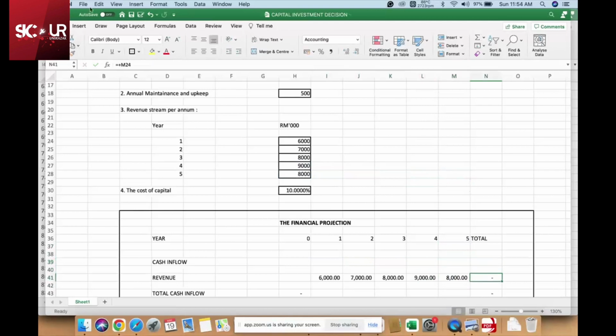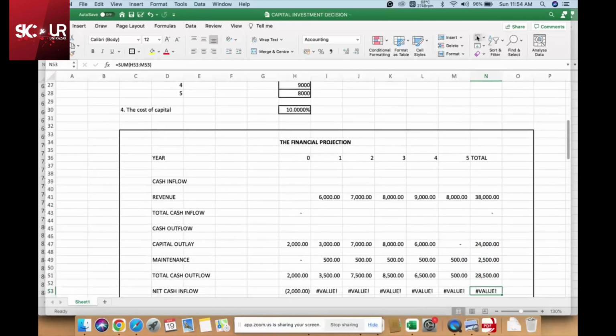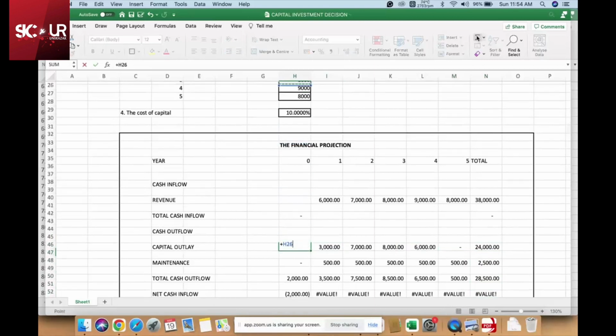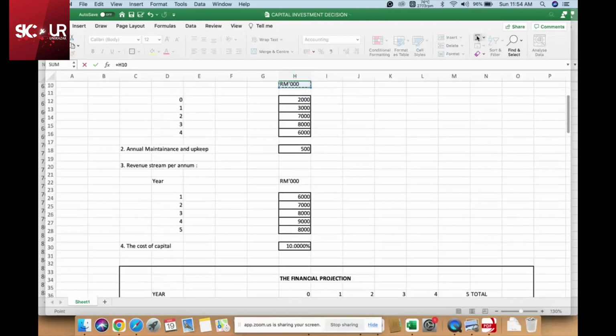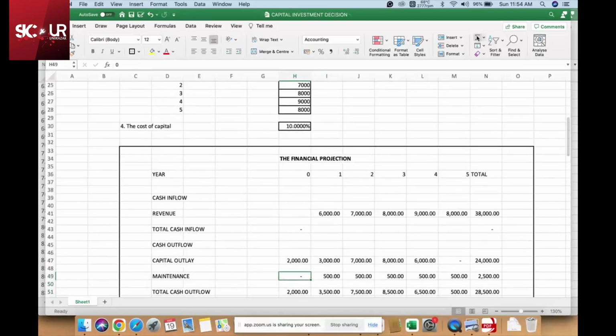So here is the total for 5 years. We just take the sum as the revenue. Then we have the capital outlay. We do the same: we take this 2 million from the top there and the rest. Then also the maintenance.